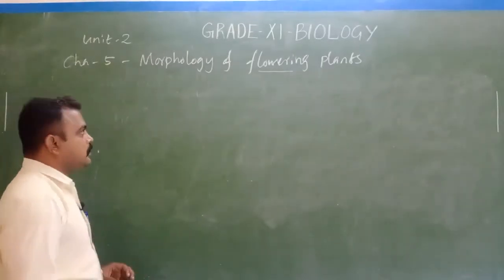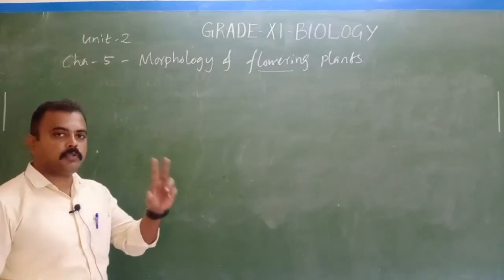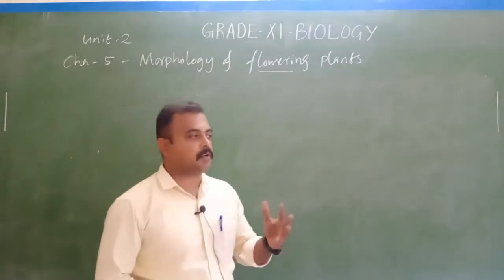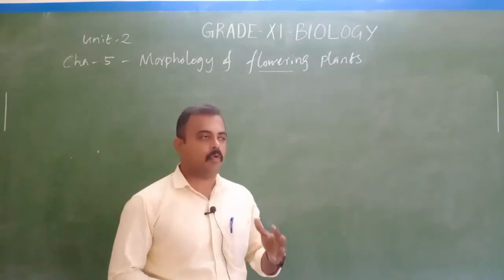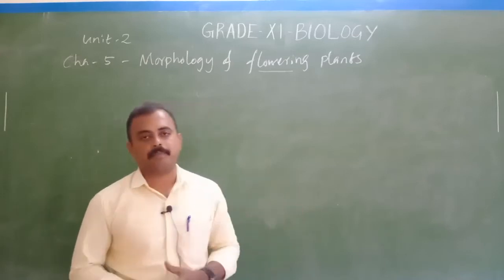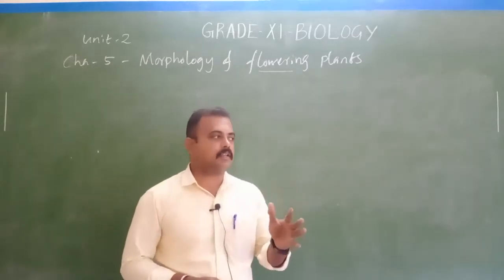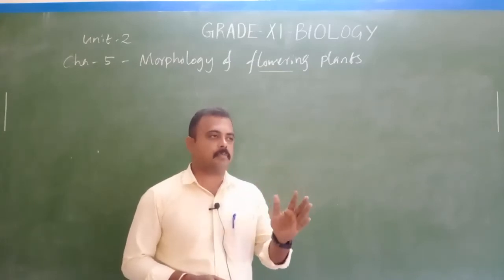In the morphology of flowering plants, we are going to see only 2 topics, because the remaining parts, the stem, the root, the leaf, the seed, the fruit, are all omitted in the revised syllabus. We have only one thing, that is the inflorescence. In the inflorescence, we are going to see about the flower.